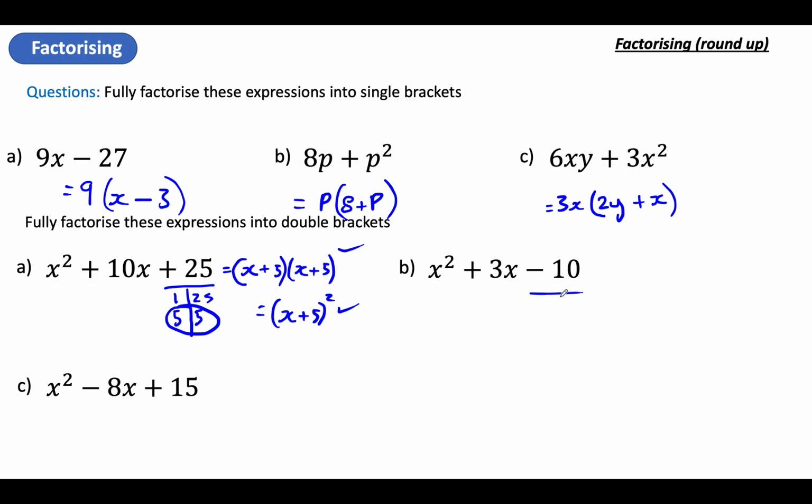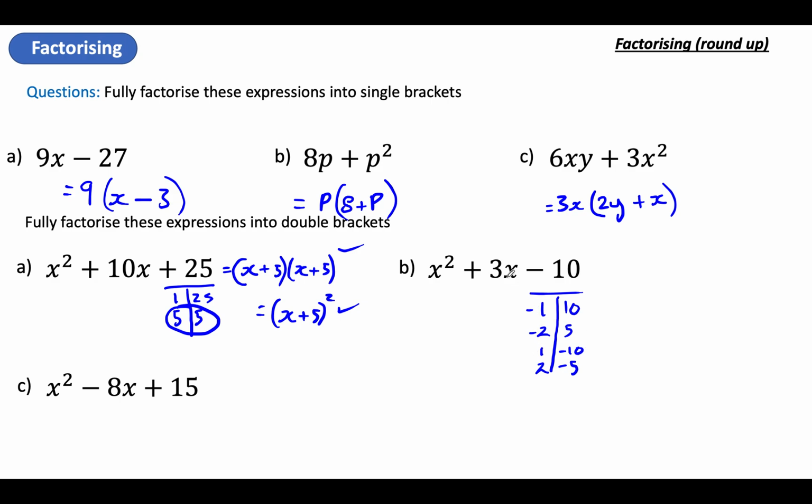Okay, next one. So numbers that multiply together to make -10. Well, that could be 1 times 10, 2 times 5, and that's it. Now, it could be -1 times 10, or -2 times 5, or 1 times -10, or 2 times -5.